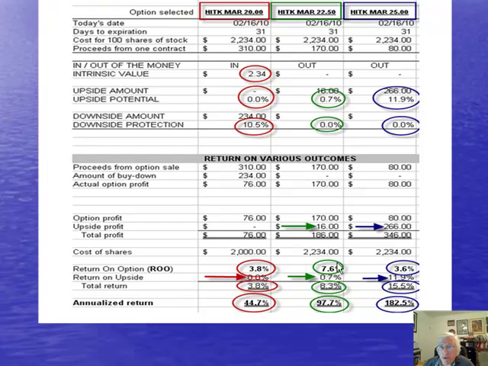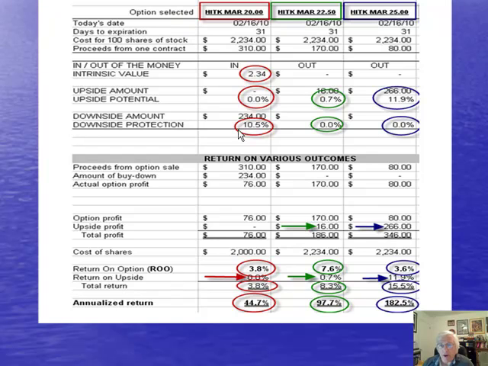The middle column is for the $22.50 near the money strike, and that generates a 7.6% 1-month return. As we said before, these at the money or near the money strike prices will generate the highest initial returns. And the column on the right shows the out of the money $25 strike generating a 3.6% 1-month return.